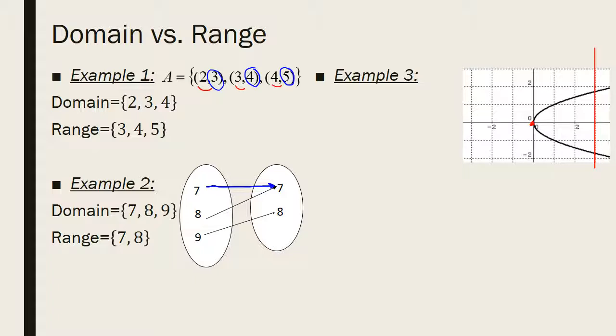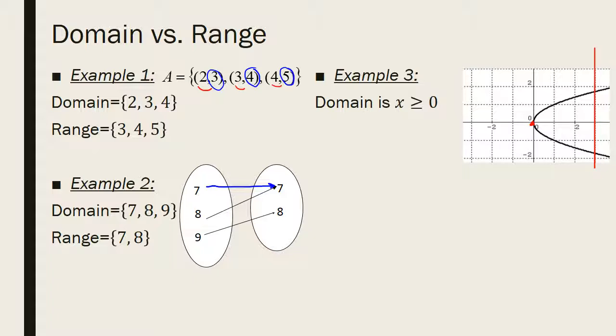This means that the x values that belong to this graph is every single x value greater than 0, because these are the values that have outputs on the graph. So the domain in this case is going to be every single x greater or equal to 0.